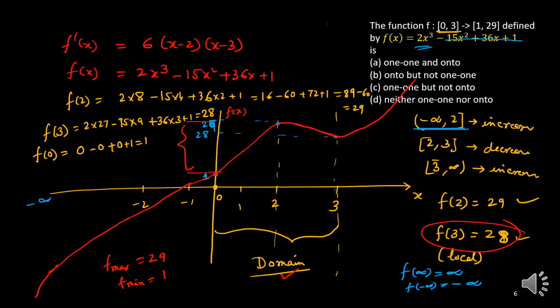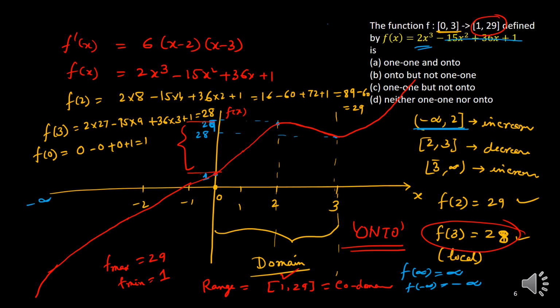So the minimum here I will consider is 1. Thus the range will be 1 to 29. That is the same as the codomain. So what is the meaning? Range is equal to codomain, so it is sure that the function is onto.